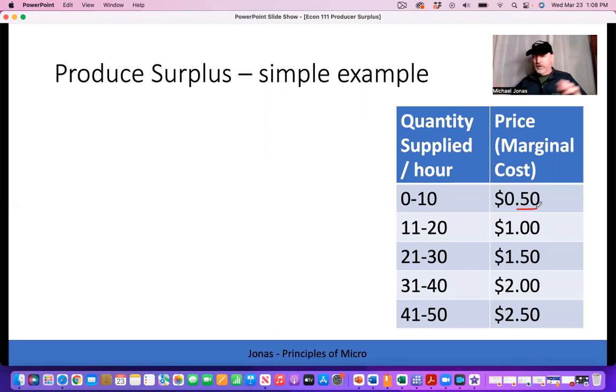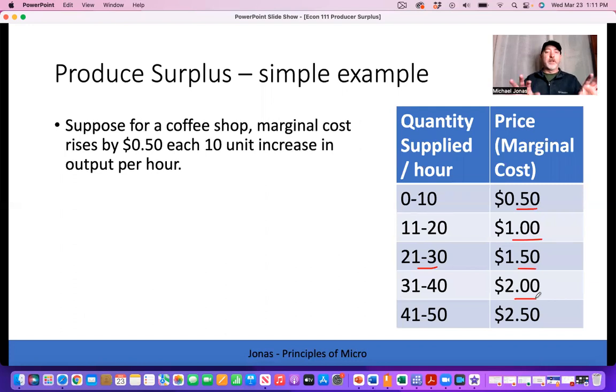And again, the numbers don't really matter, but for every supply process, at some point, as you increase production, you're going to need to increase the use of less and less efficient resources, and those costs per unit are going to rise. So with that next increment, 11 to 20, the cost per unit jumps up to $1. Add another 10 units, that next segment goes up another 50 cents, and so on, right?